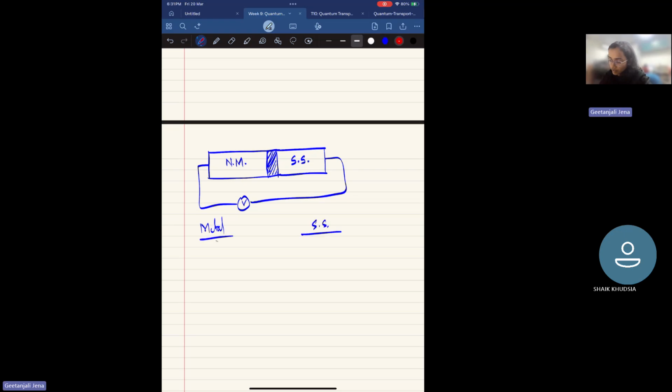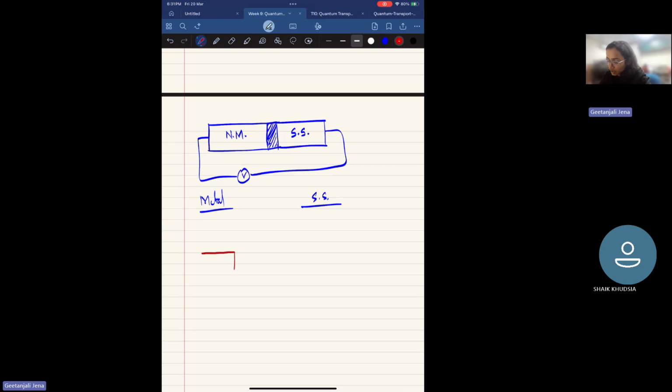For metal, in the low temperature regime, all the states up to the Fermi level are occupied. And let's say this is the Fermi level. Please remember that whenever the states are in equilibrium, they have the same Fermi energy level. So if you apply a bias, then the Fermi energy level will differ. But if they are in equilibrium, then we have the same Fermi level. This is for the metal where electrons are filled up to the Fermi energy.